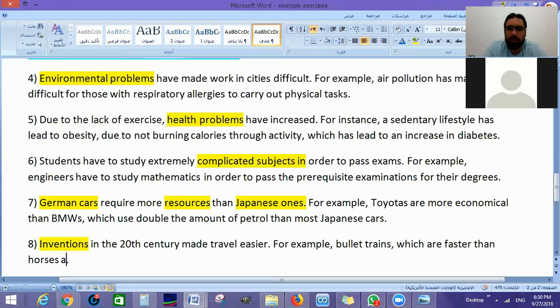Which are faster than horses, made transport more convenient.